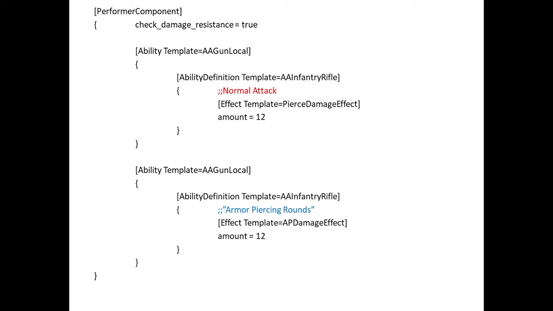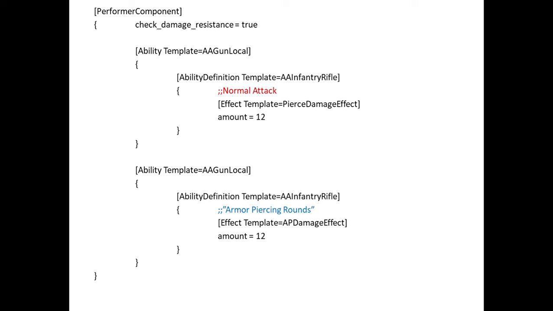Because the weight bonus of the pierce damage attack is higher than the use bonus of the armor piercing one, it may not use the armor piercing attack at all. It would save that, as it were, for a vehicle target, which may or may not exist. On the other hand, it goes the same way with vehicles.